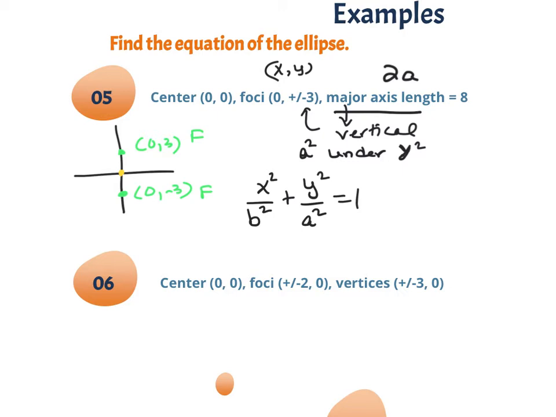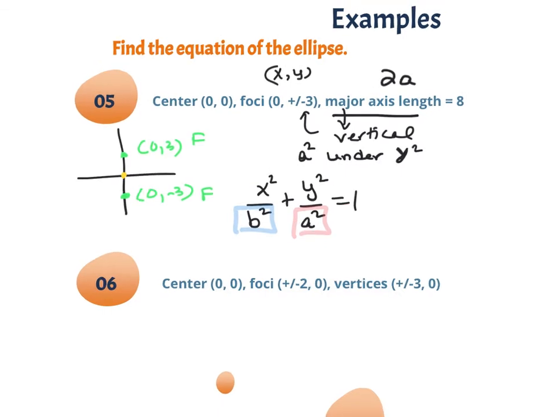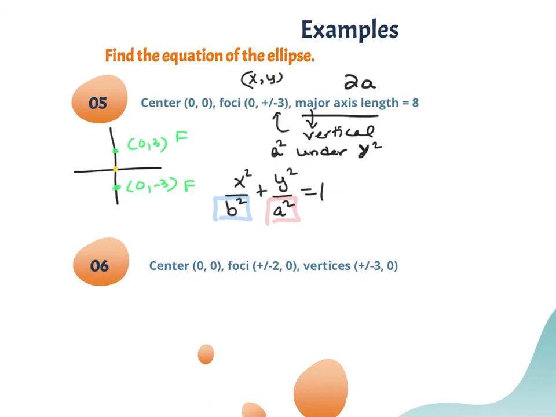So let's go in. We need to find the value of a squared and b squared. When I'm writing these equations, the only thing I'm filling in is the value of b squared and the value of a squared. So let's go ahead and see what we have. I can find a squared by setting my major axis length equal to 2a.